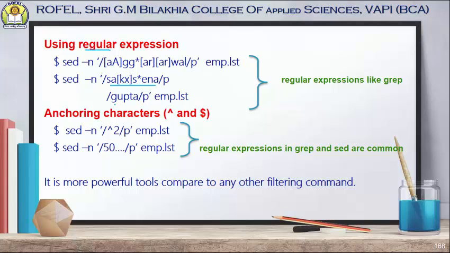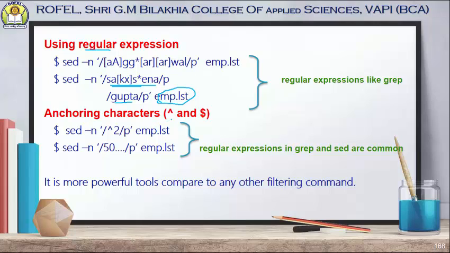And find Gupta as a pattern. So what we have to do? You have to write these slashes and then the slashes for the other pattern and write the P operation every time. But both the patterns you have to write within the single quotes. Yes, एक ही बार quotes लिखने हैं और दोनों pattern उसमें ही लिखनी है. And the name of the file from where you have to find the pattern.